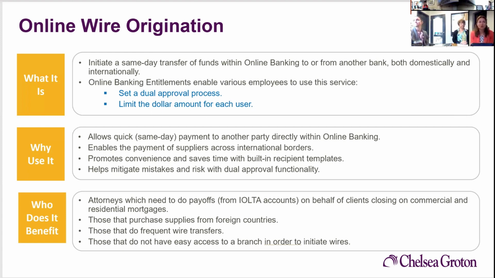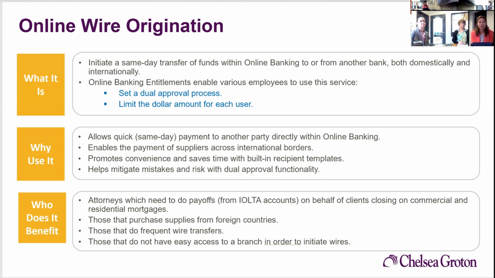Also, businesses that are dealing a lot with international purchases. Obviously, checks and ACHs don't work in those categories. So if you're buying something internationally, you can use this on the account. It does enable international wire transfers also in foreign currency, so there's that capability there. It is a faster payment mechanism.